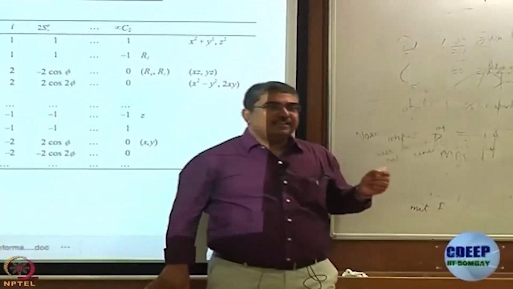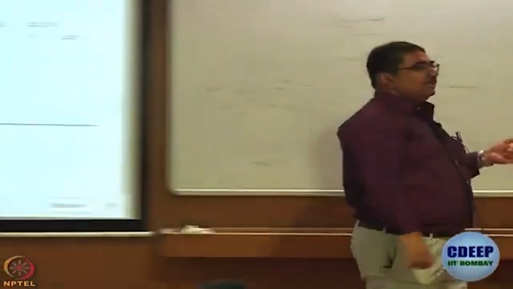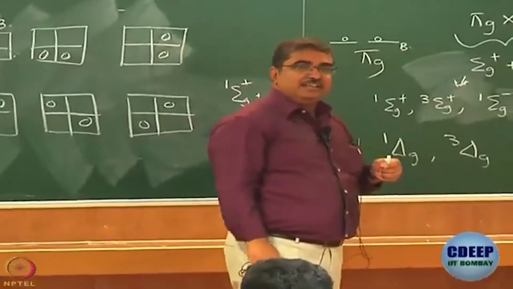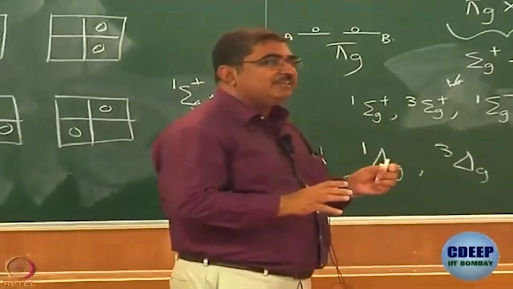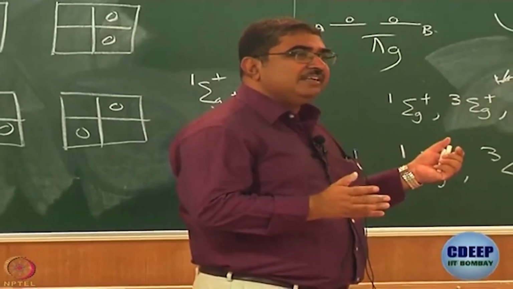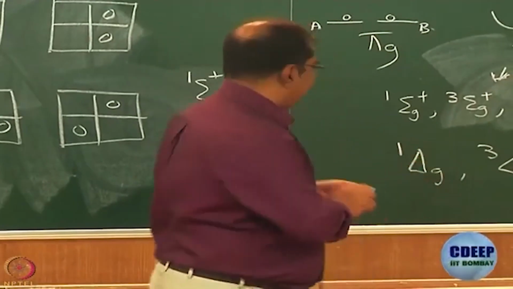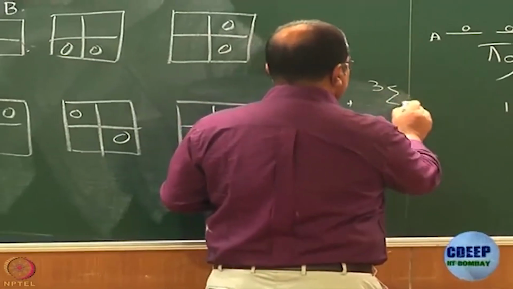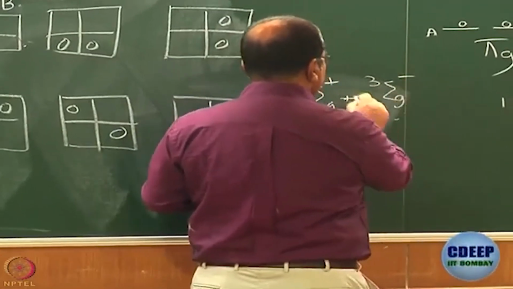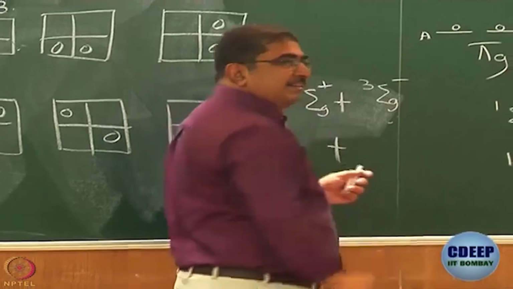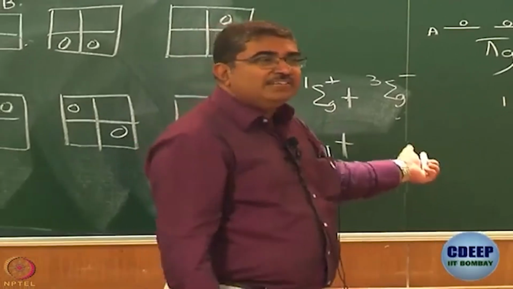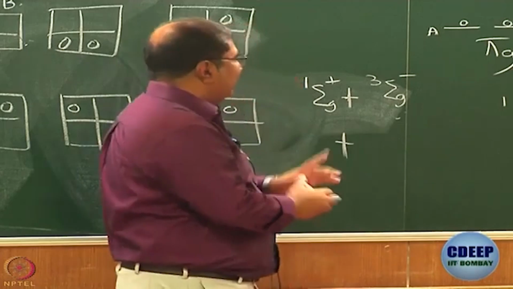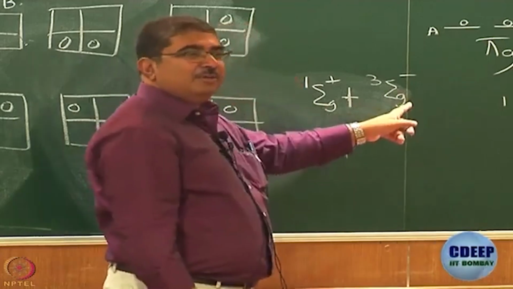So, what is it then? Is sigma G minus symmetric or antisymmetric? Antisymmetric. So, if the space part is antisymmetric, what should the spin part be? Symmetric. Triplet. So, I get singlet sigma G plus, triplet sigma G minus, and to get the third one you can even cheat, you do not need to even understand, just see how many we have got.